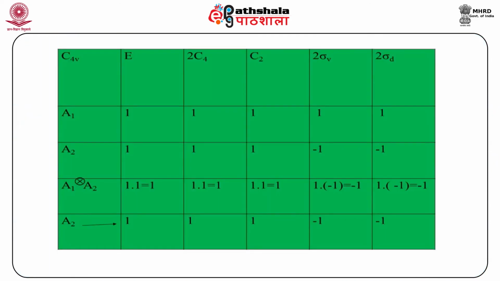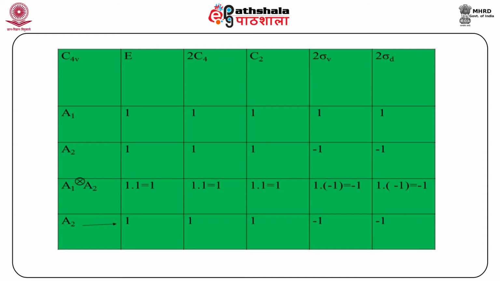The direct product of A1 into A2 gives the characters 1, 1, 1, minus 1 and minus 1. These characters correspond to the A2 irreducible representation, which is also one dimensional in nature.